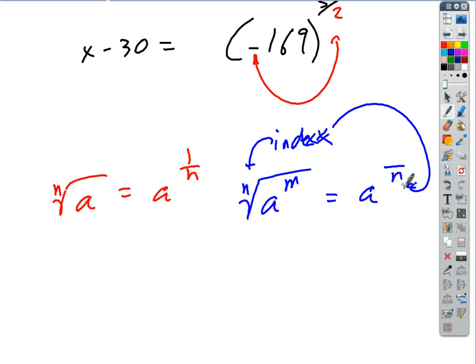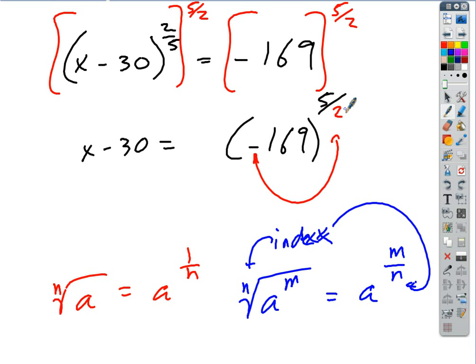The m is just a regular exponent, so that goes on the top, the numerator. So it's the bottom that determines what kind of root it is. This would have been a second root or a square root. So no go, no real answers. Can't take an even root of a negative number.